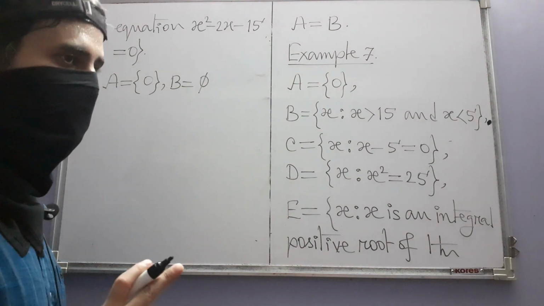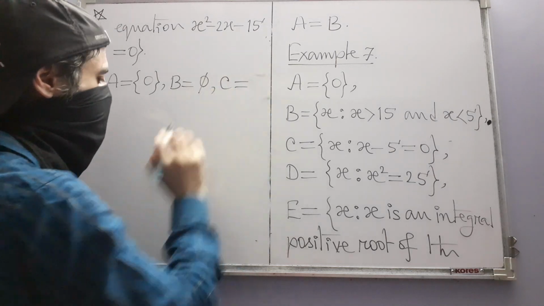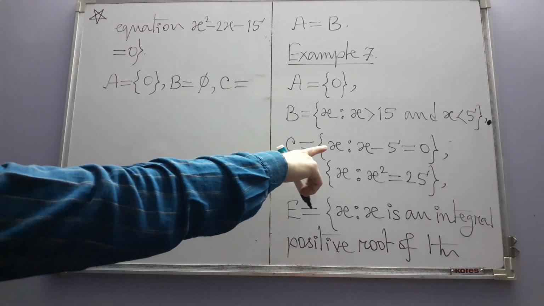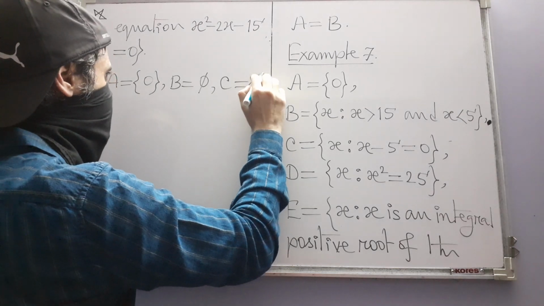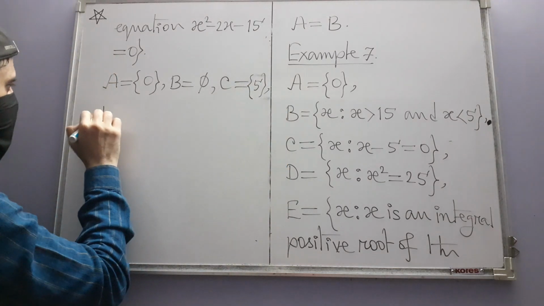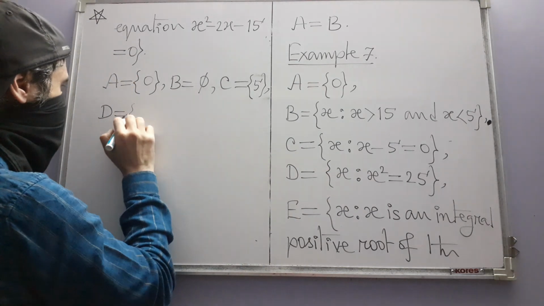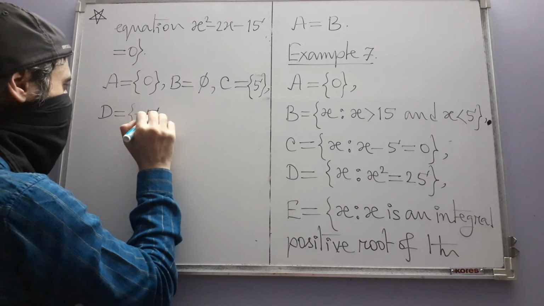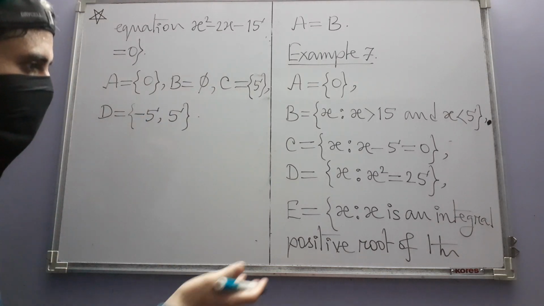Note that now we can say the empty set. Next, C. C clearly consists of only 5. Then D. D consists of minus 5 and 5. And what about E?